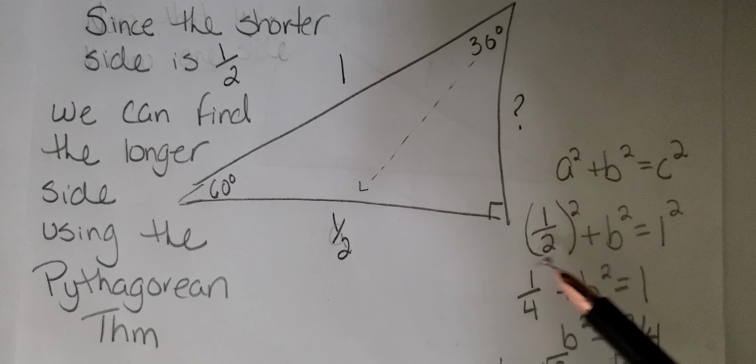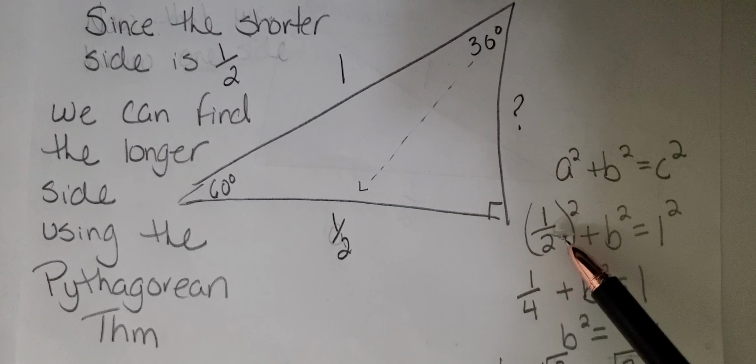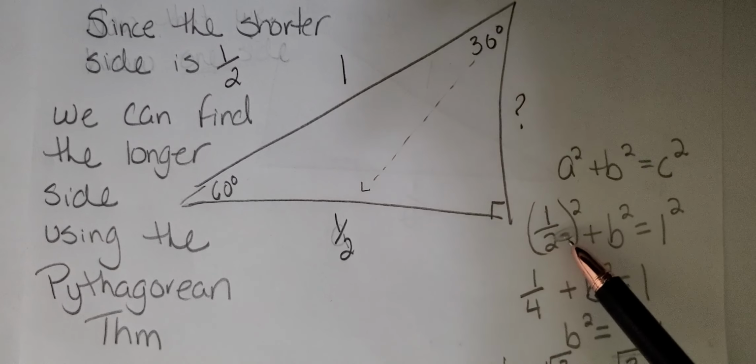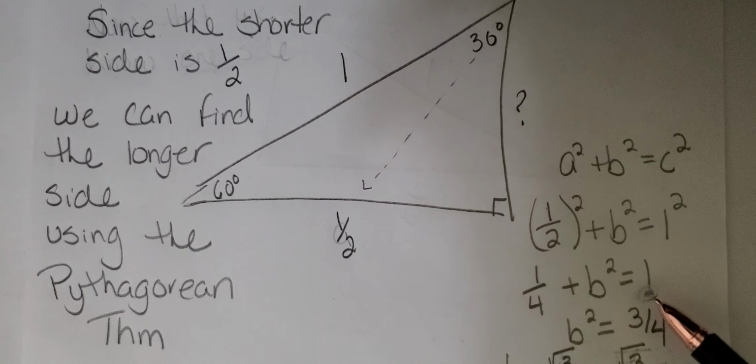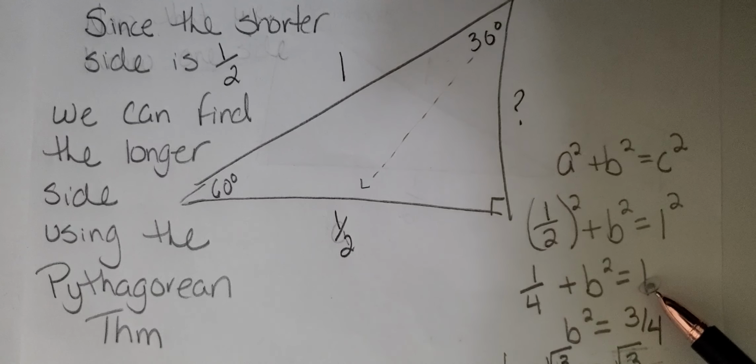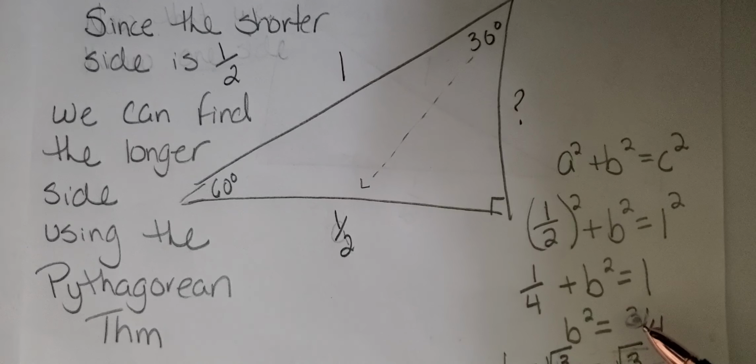Simplifying this equation, 1/2 squared is equal to 1/2 times 1/2, which will give us 1/4. And then 1 squared is equal to 1. Solving for b, we would subtract 1/4 from both sides, and we would get that b squared is equal to 3/4.